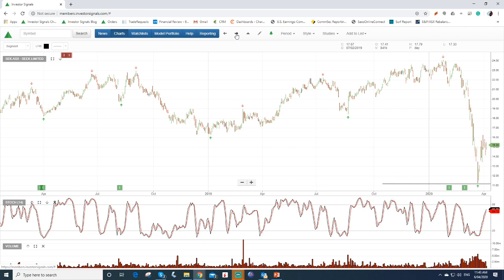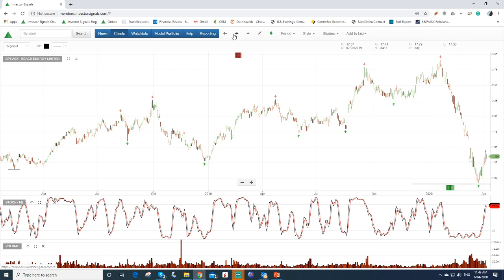But again, if you're willing to look out in the latter part of this year or next year, I think these technology names provide a good buying opportunity. So you may just want to make a note of CAR, REA, and Seek, maybe Xero as well, and keep those on your watch list.